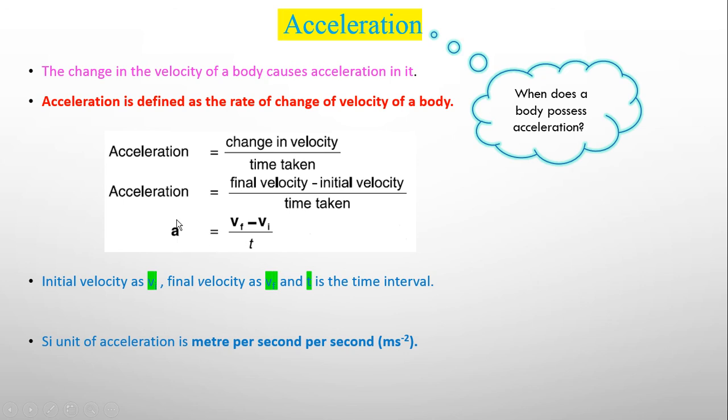Symbolically, I can write bold A for acceleration is equal to Vf, standing for final velocity, minus Vi, standing for initial velocity, divided by t, standing for the time taken. The SI unit of acceleration is meter per second square.